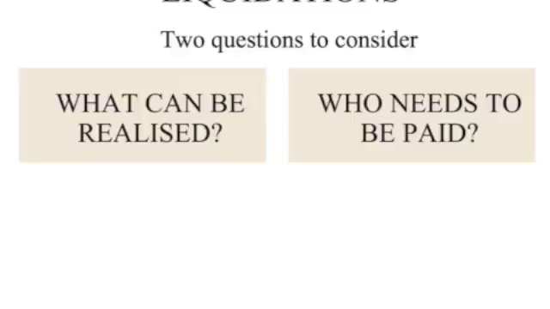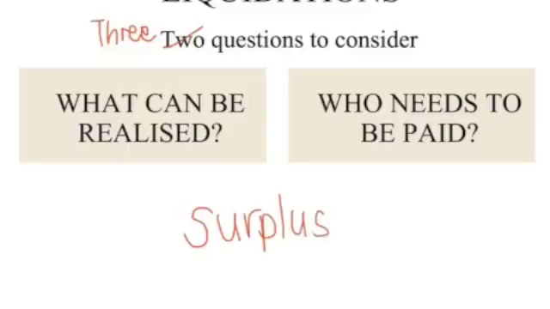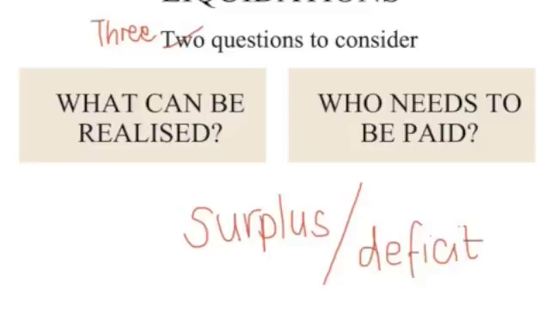I guess you can add a third question maybe to this, and to say that you also need to consider whether there's in the end going to be a surplus which can then be distributed to the shareholders of the company after all the creditors have been paid, or whether there's a deficit and the implications of that. So let's look at each of these questions.